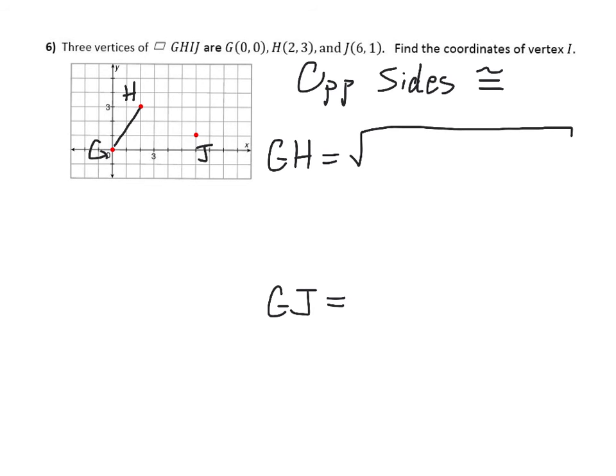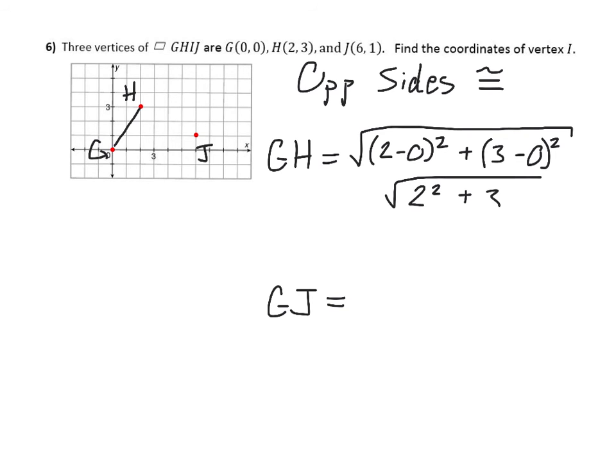So I can plug in my coordinates. Looks like I would have 2 minus 0 squared plus 3 minus 0 squared. Looks like I'm going to get 2 squared plus 3 squared, which is going to give me 4 and 9, which gives me radical 13.